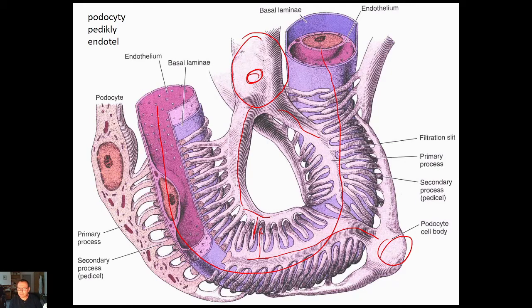They are bridged by something which can also be called a diaphragm, something similar to the diaphragm you know from fenestrated capillaries. We know the composition of the diaphragm between pedicels. The main protein of this diaphragm is called nephrin, and there are also several other proteins.